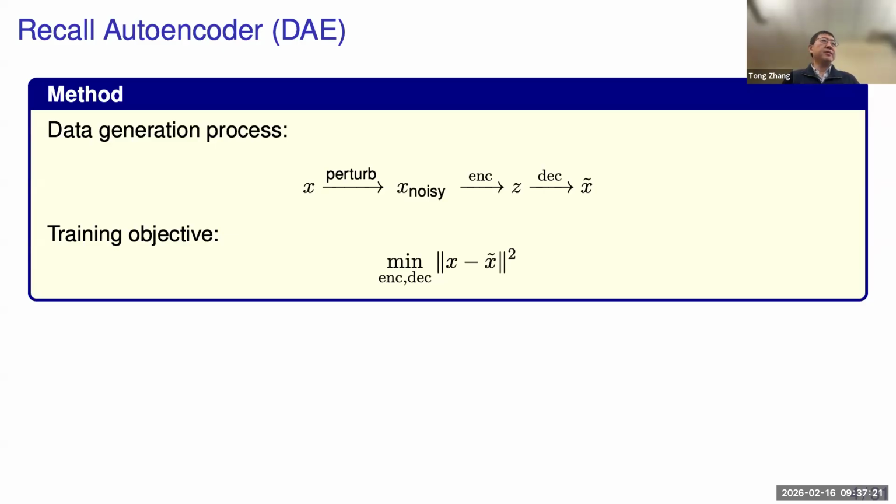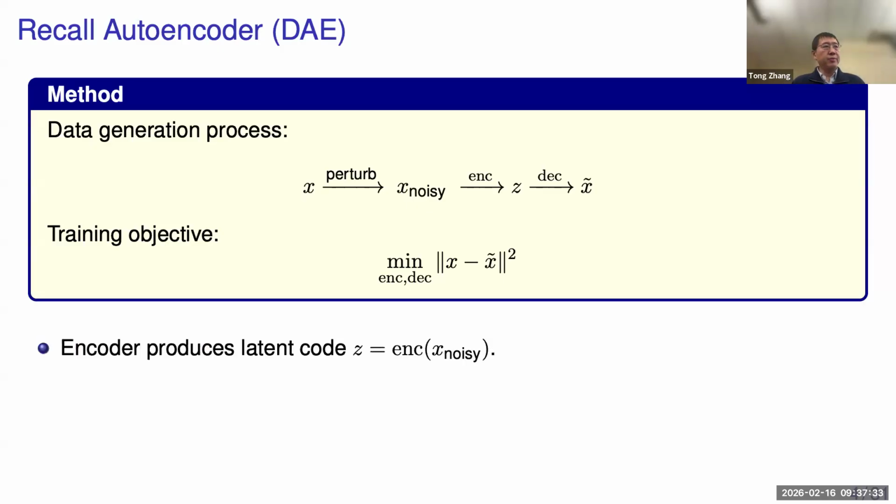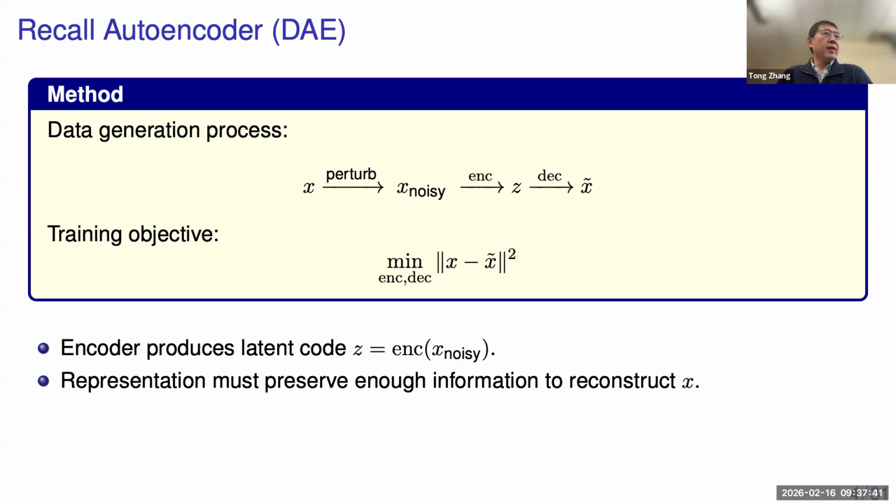So the idea is you can tolerate noise. Here, noise has a different structure than typically your image. That's why you can denoise. The encoder produces a latent code, which is a representation.